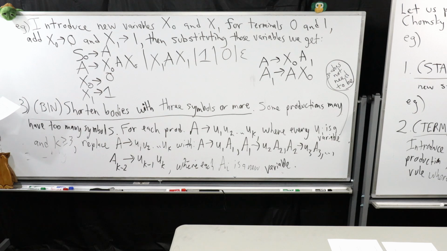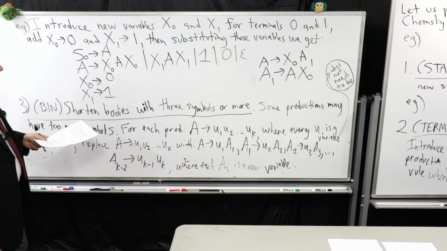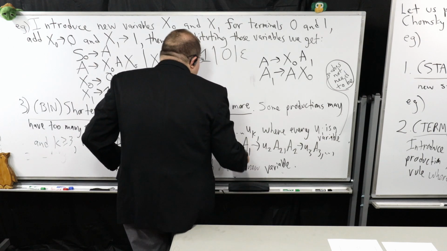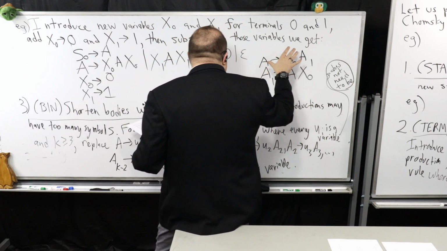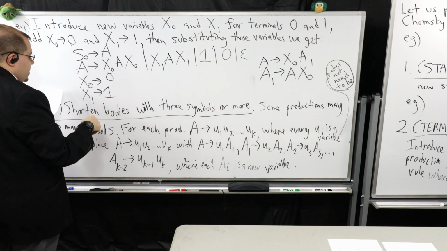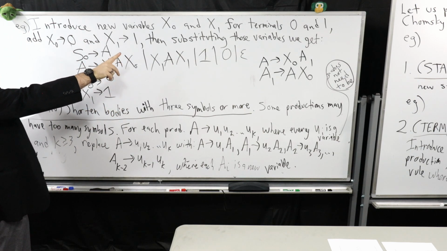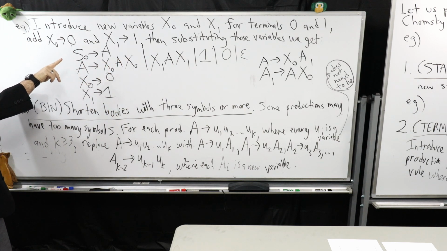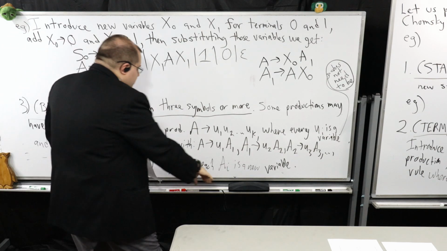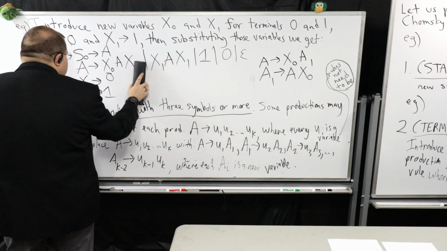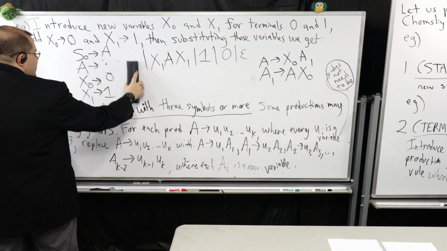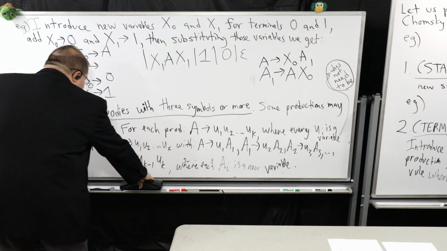So I can introduce those production rules. Let me take this idea I have over here. Remember, it has X0, A1, then it has A, X0. So I'm just going to replace this rule now.